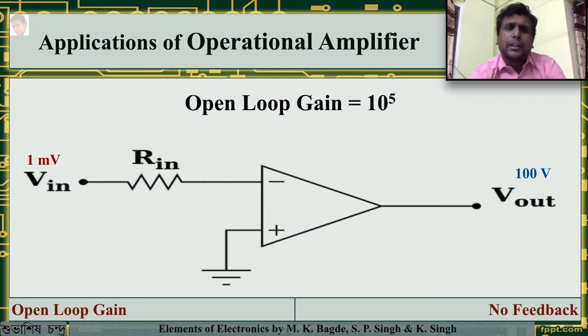So, you can see that the op amp with open loop cannot even handle a voltage as low as 1 millivolt, and hence it is required that we bring this gain to a value where it can be used for different higher voltages as well.